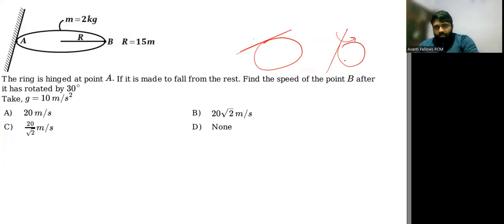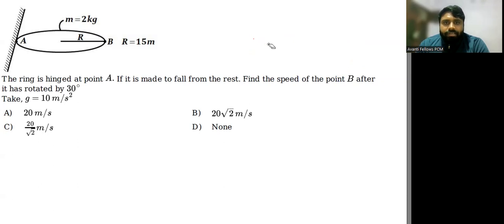Okay. So for that, you need to find out the moment of inertia about this axis, because you are going to apply the parallel axis theorem. So for that, you need the diametral axis moment of inertia. We know that the moment of inertia about the diametral axis of a ring is half mr square.